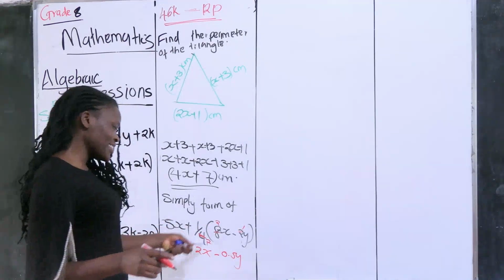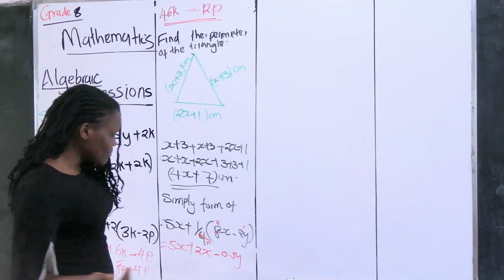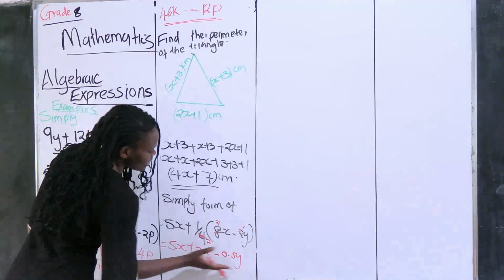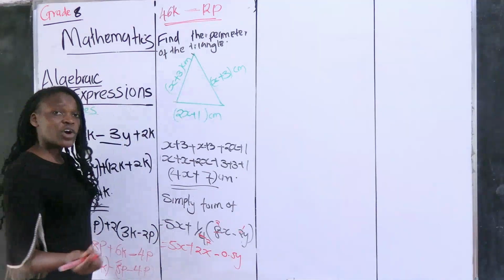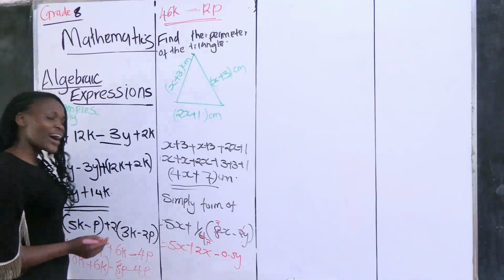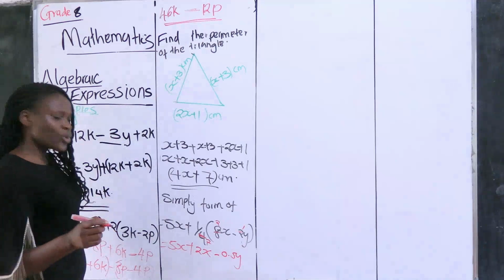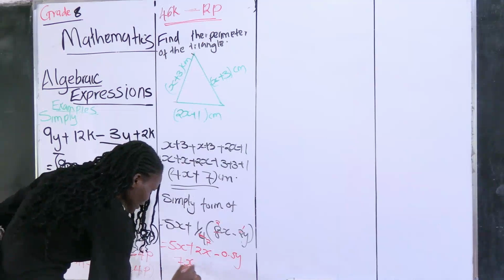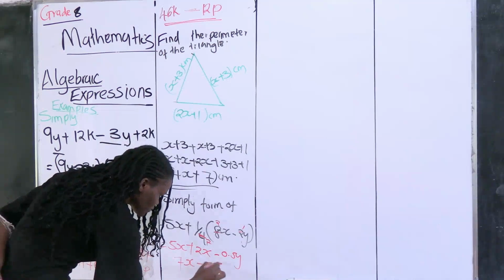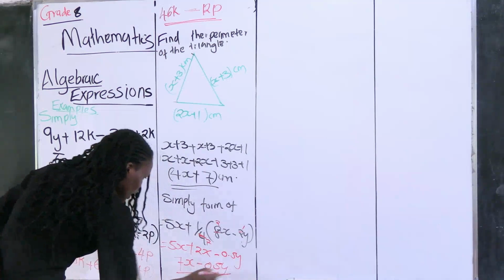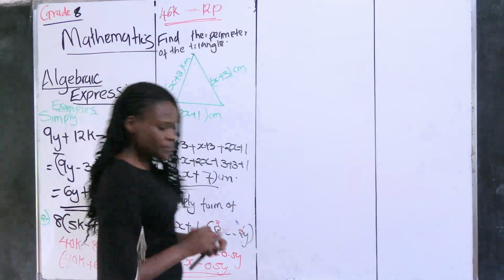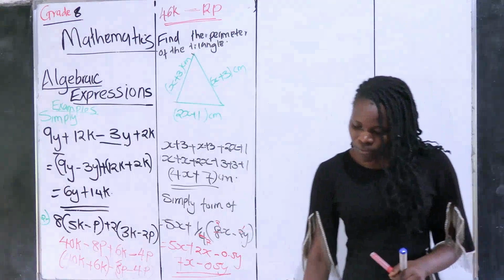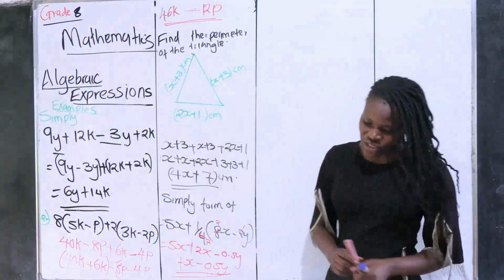Since the like terms have been collected, we have x on this side and y on the other side. We can now calculate them. 5x plus 2x will give me 7x minus 0.5y. And that is now the simplest form of that question.